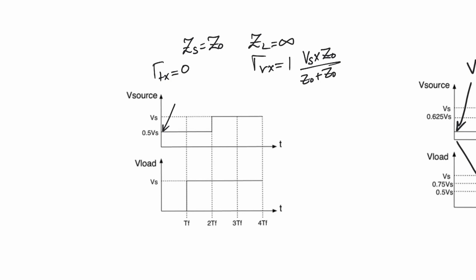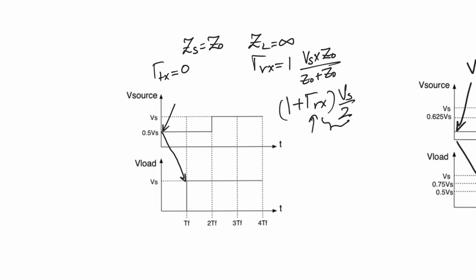This is going to travel to the receiver, and it will take one time of flight to get to the receiver. At the receiver, we're going to observe 1 plus gamma Rx times V incident, and V incident is Vs over 2, and gamma Rx is 1, so we're going to observe the entire Vs after one time of flight, which is the best thing that could happen to us. But we can't rest assured yet because we don't know what will happen when this component reflects back to the transmitter.